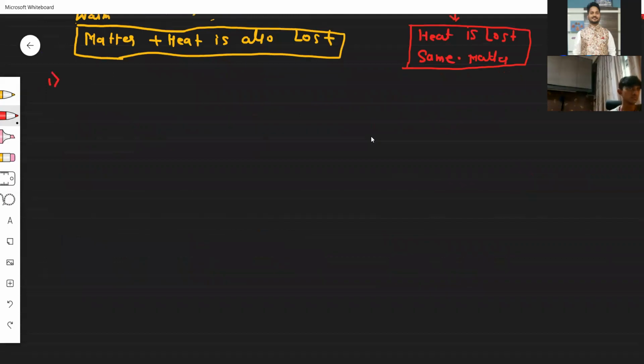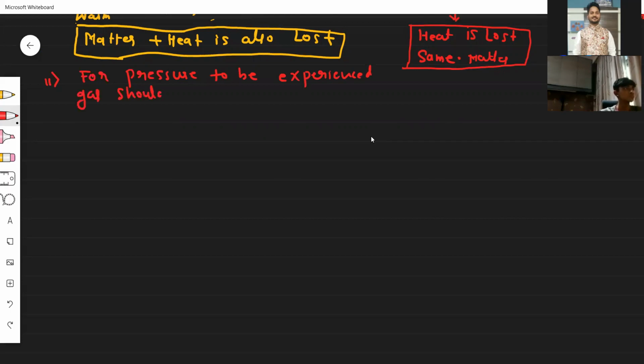For pressure to be experienced, gas should be held in a closed container. Yes or no? If the container is open, you are not able to get it.